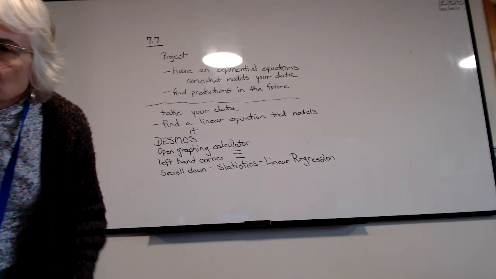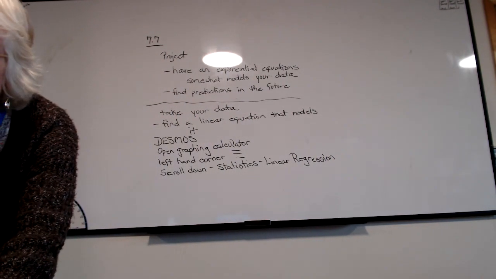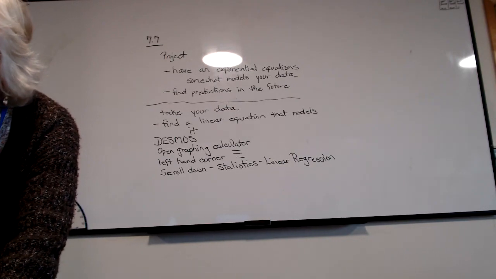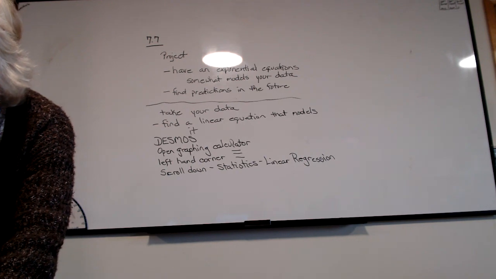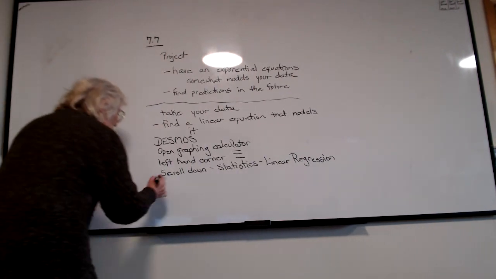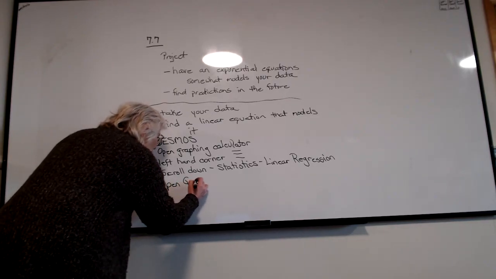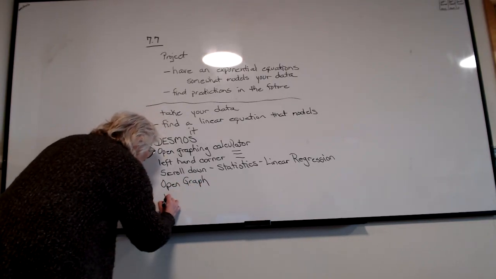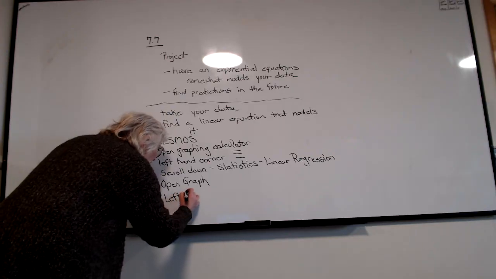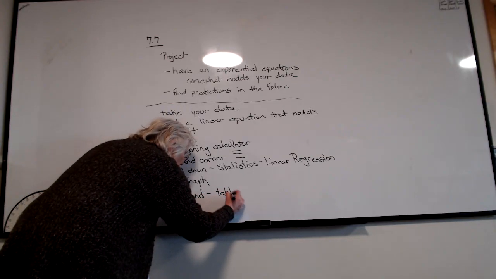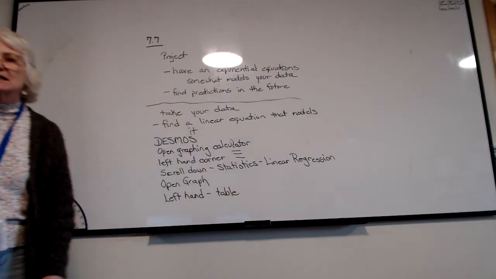Okay, so once you scroll to that, it's a ways down. They're not in alphabetical order. You just have to go down to it. Then you open the graph. On the left-hand side, you will see a table. The table already has numbers in it.